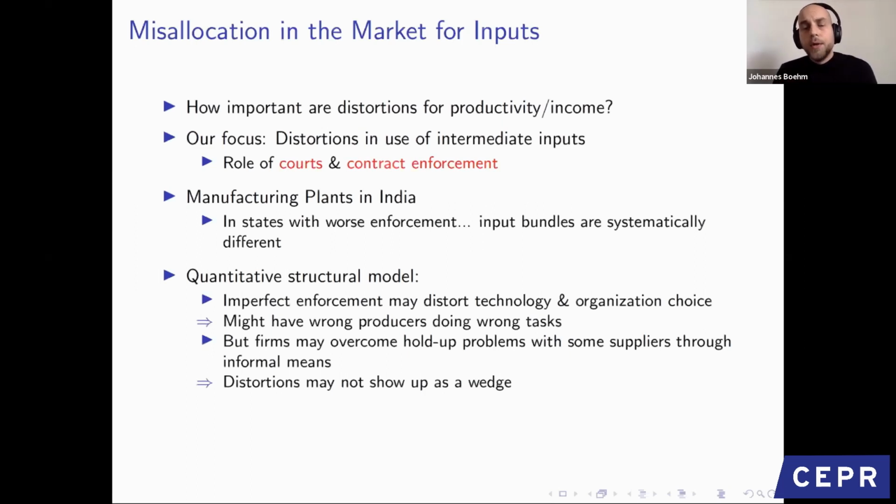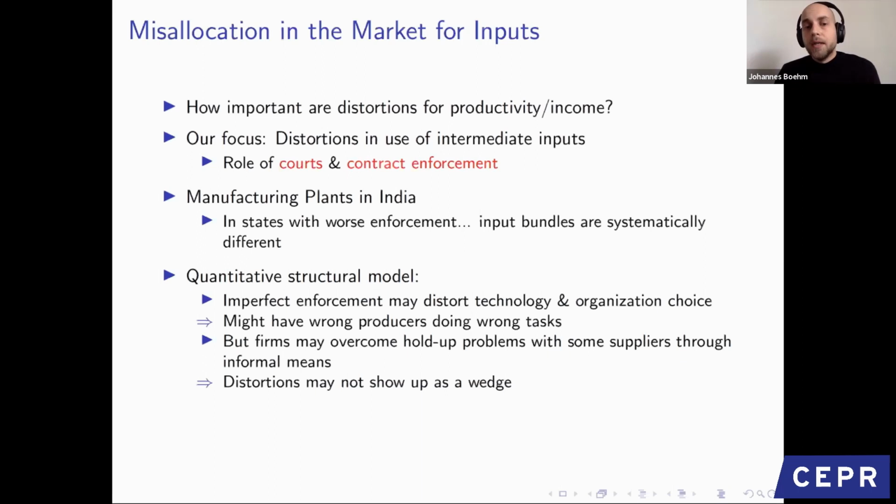And then we're going to provide a quantitative structural model to try to understand how important these distortions are for aggregate outcomes. Okay? So imperfect enforcement and the distortions from that may distort the technology choice of firms and may distort the organization of production.